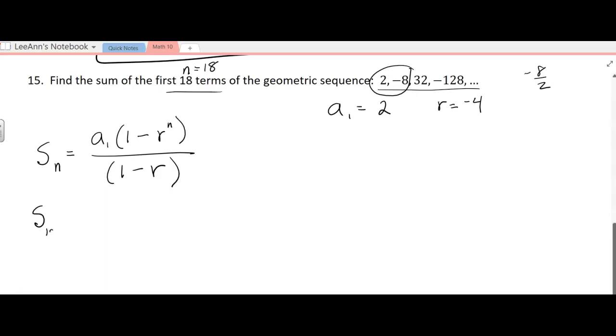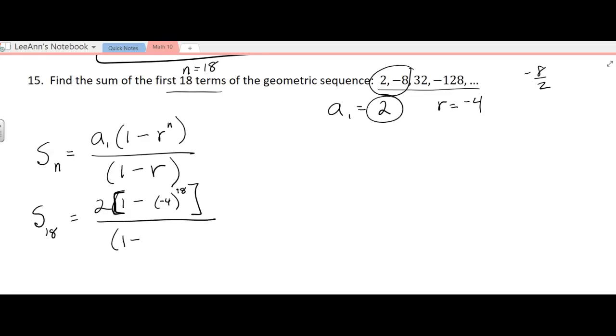So S sub 18 equals, now a sub 1 we know, 2, times 1 minus r we know is -4. Now I'm going to make that a square bracket just to help me keep things straight, to the nth, and the n was 18, right? Okay, so it looks like that, over 1 minus -4.